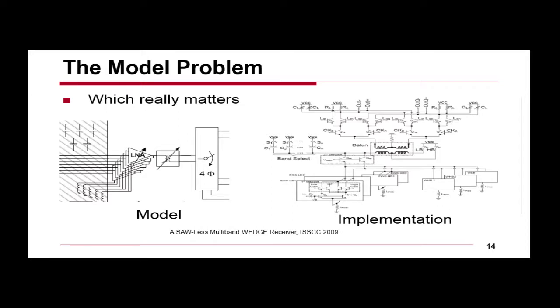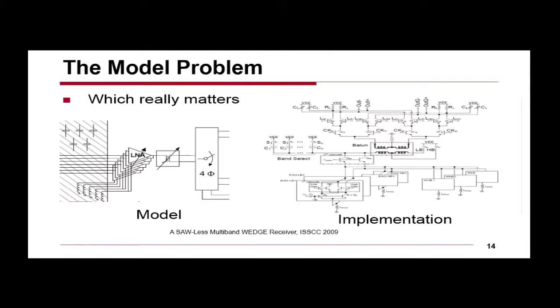OK, the fact that we have to run these together brings up what I call the modeling problem, which is the key problem in validating mixed signal circuits. So if you ask an analog designer, what matters? Does the implementation, the transistors, represent the circuit, or does the model represent the circuit?